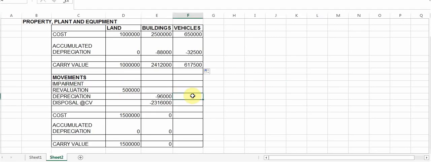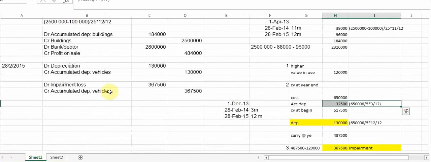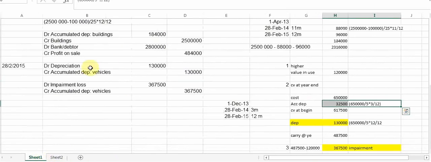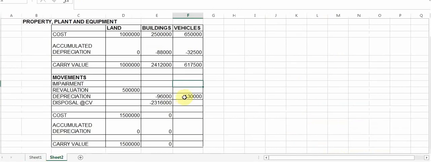We've measured for the current period some depreciation. The depreciation was 130,000. So minus 130,000 here, and then we had an impairment as well. So if I look at the impairment total, it was 367,500. So here minus 367,500. An impairment loss will always be negative.